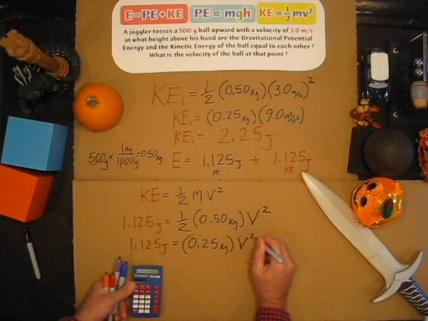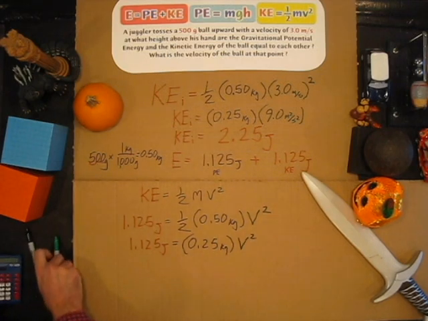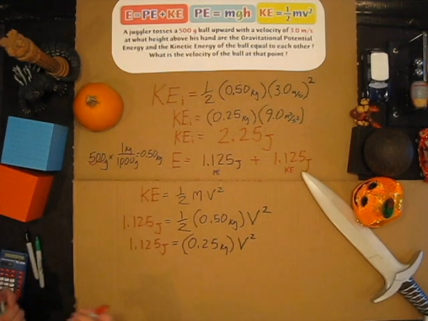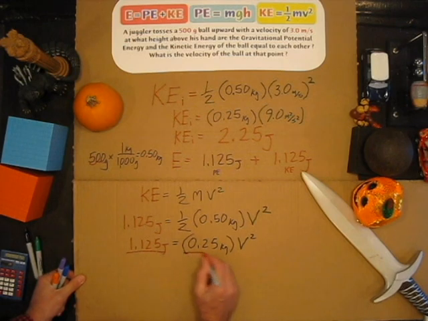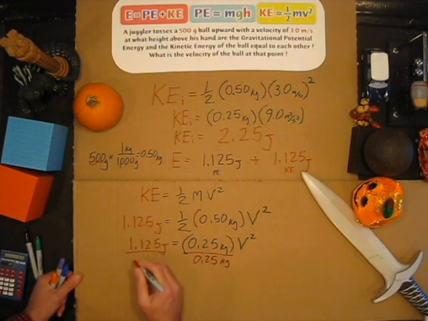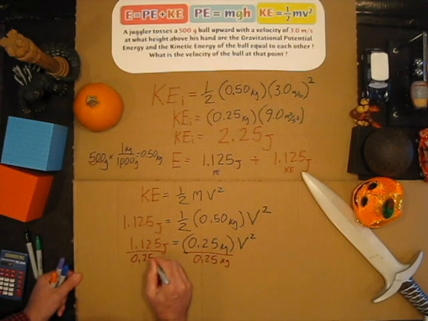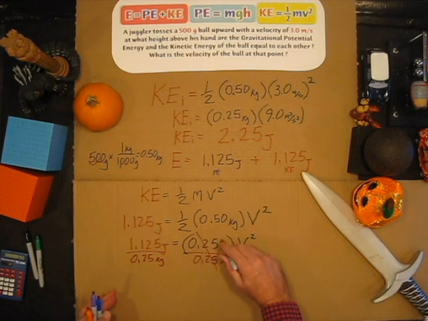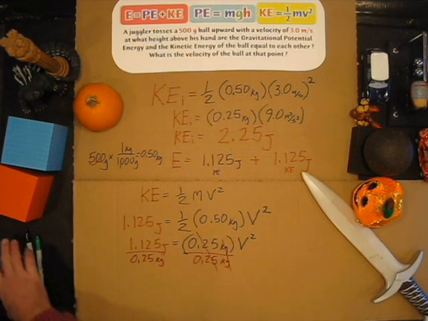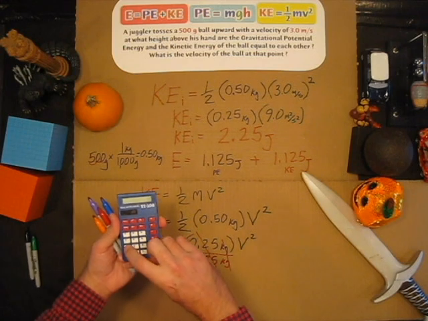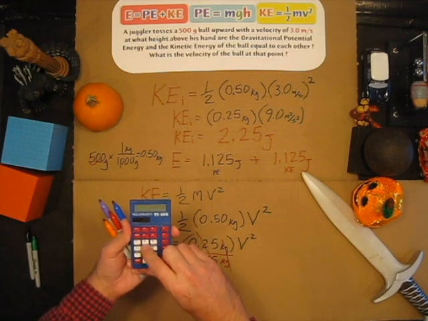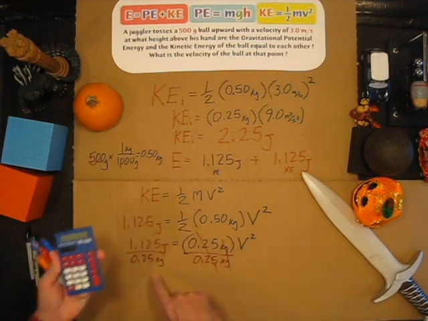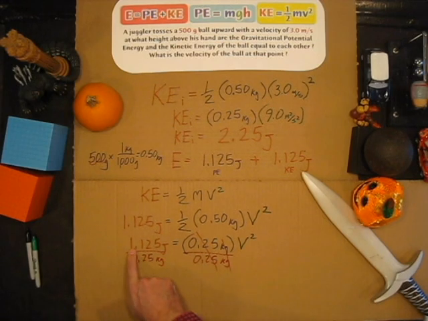So v squared. So then if we want to get this on its own, I'll just use the red for this. We'll divide both sides by 0.25 kilograms. And then of course, over here, the number cancels, the unit cancels. Over here, now be careful because when you're dividing 1.125 by 0.25, it's like multiplying by 4.